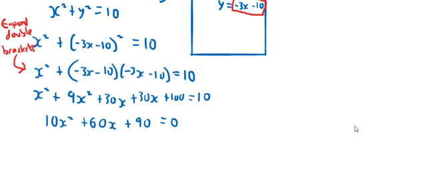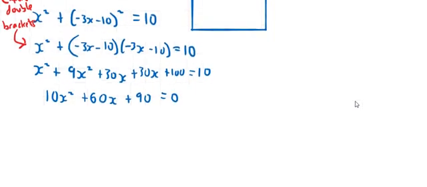So you can see that you're going to get a quadratic equation here. I can actually divide both sides by 10 here, and it'll make things a lot easier. So if I divide by 10 on the left hand side, I'm going to get x squared plus 6x plus 9 equals 0.